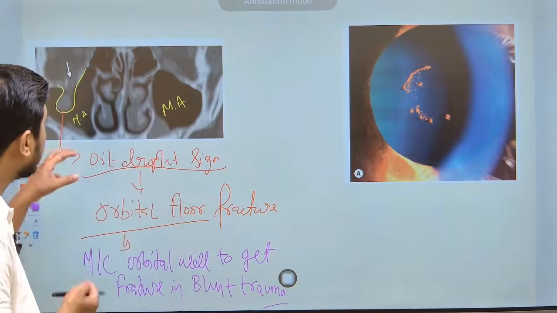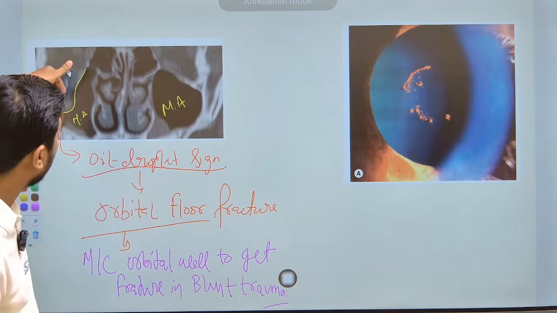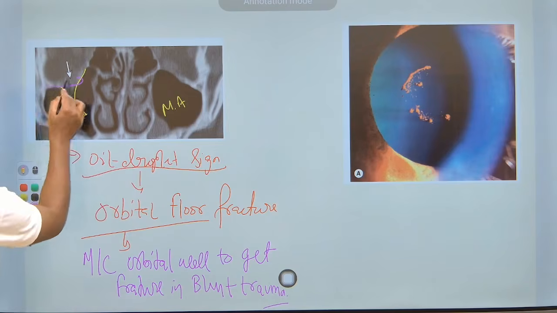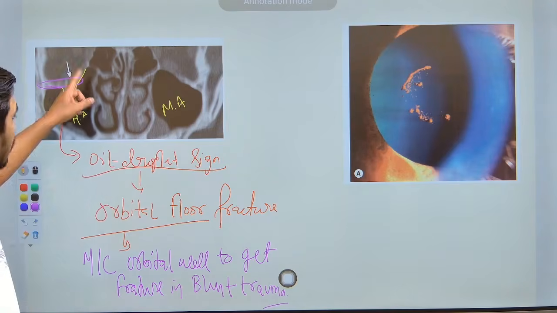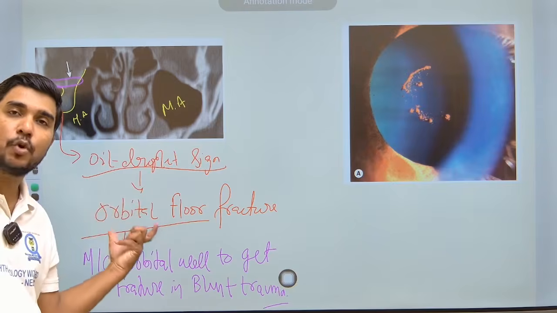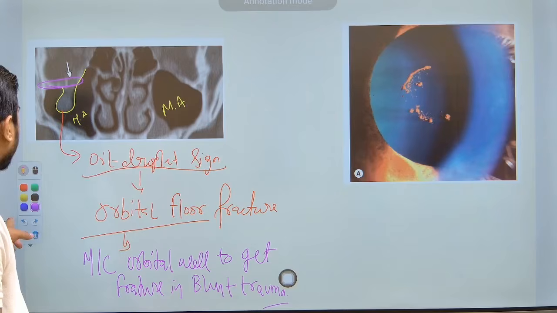Understood? So basically this is happening that the maxillary antrum में ये orbital fat is herniating because of the fracture of the orbital floor. ये orbital floor fracture कर गया है. So it is oil droplet sign, orbital floor fracture, and the orbital floor is the most common floor to get fractured in the blunt trauma. This is also an MCQ.